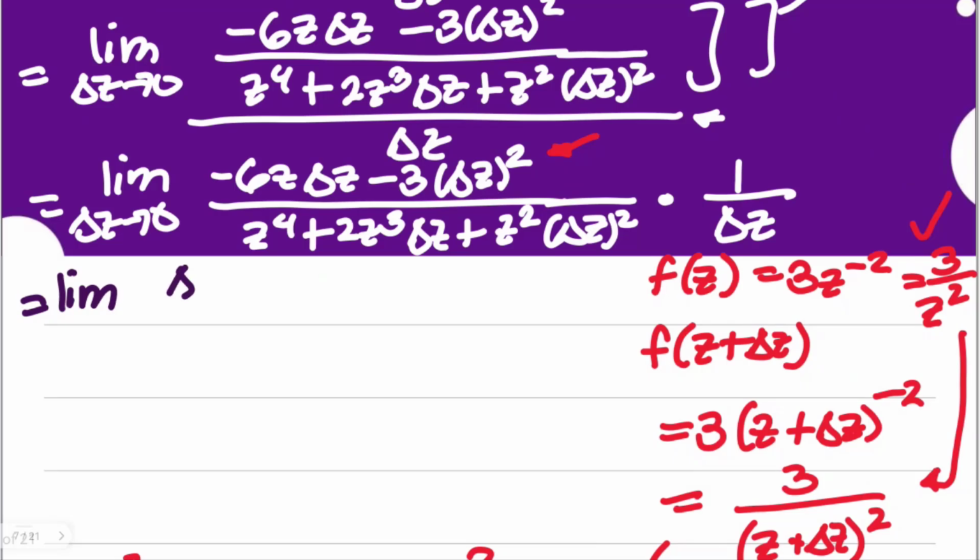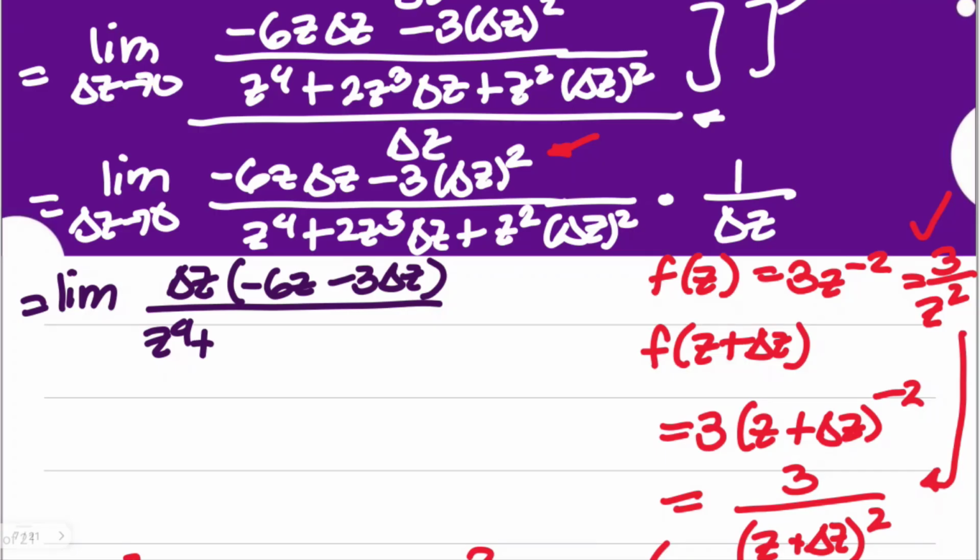So we have here the limit. When we factor delta z in our numerator, what remains is negative 6z minus 3 delta z, because this is squared, we take that out, so minus 6z, all over the same denominator, z to the power 4 plus 2z cubed delta z plus z squared times the square of delta z, times 1 over delta z.